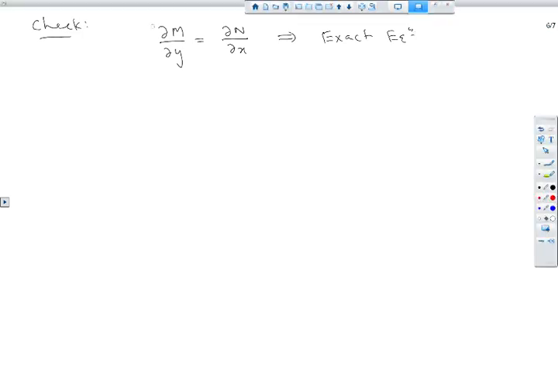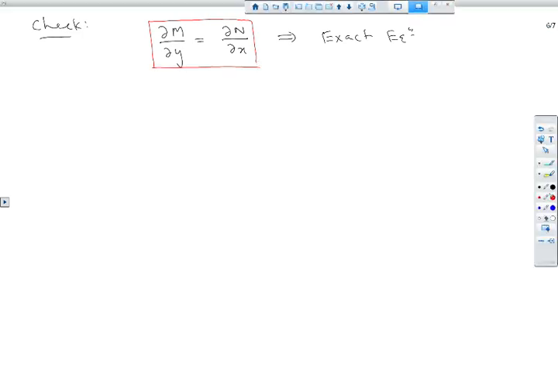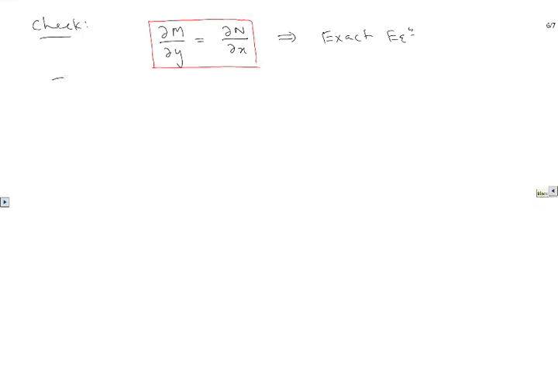So if it is an exact equation, what we normally do is we know that if it is exact, then there is a function of two variables, f(x,y), such that the x derivative equals the M function, and the y derivative equals the N function.